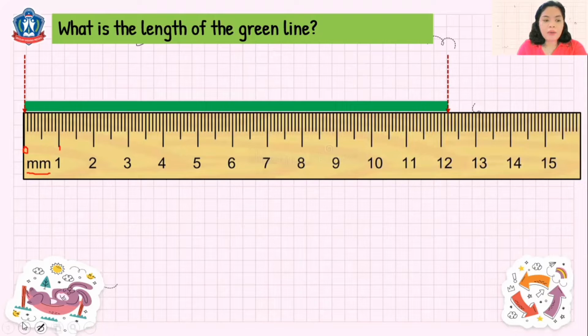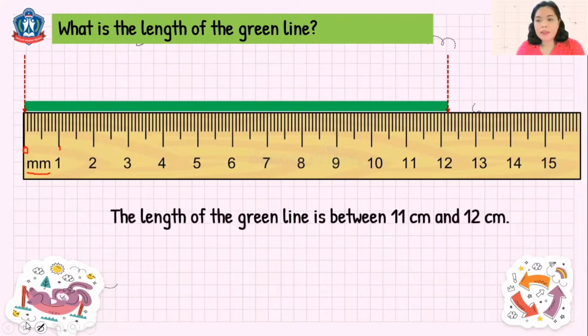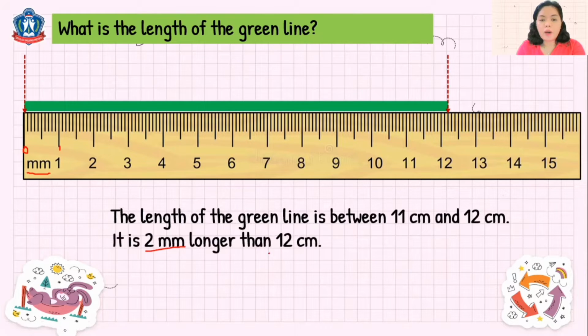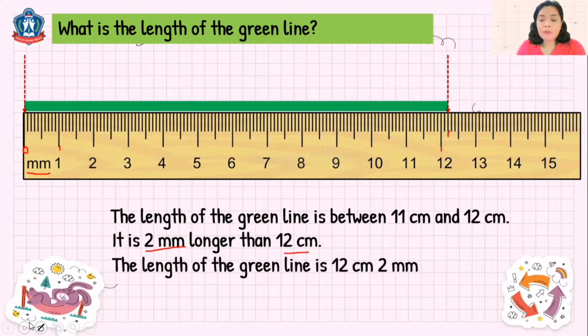So the measurement of our green line is between 12 and 13 centimeters. It is 2 millimeters longer than 12. So this is 12 centimeters, 2 millimeters, or we can simply say 12.2 centimeters.